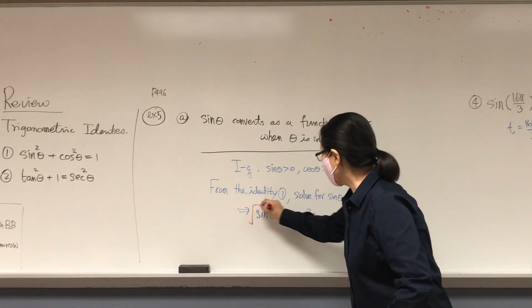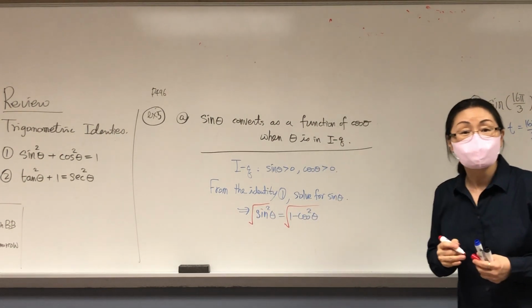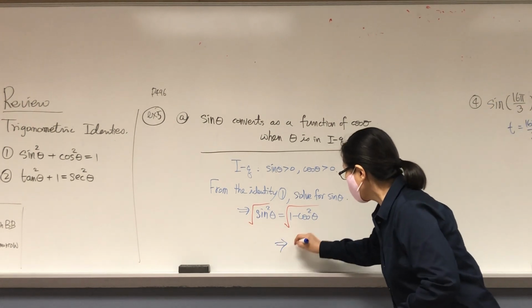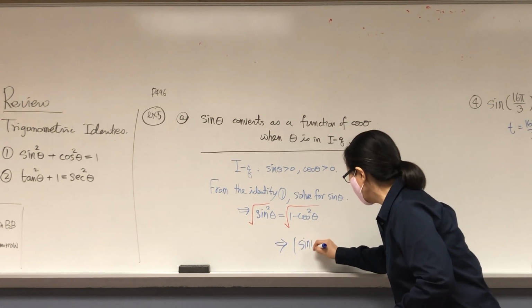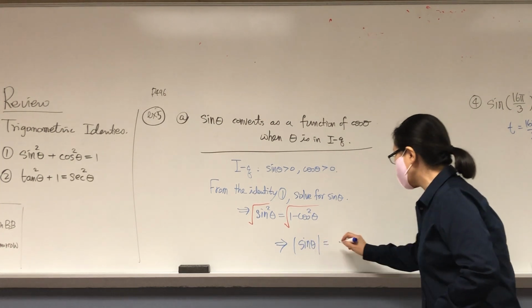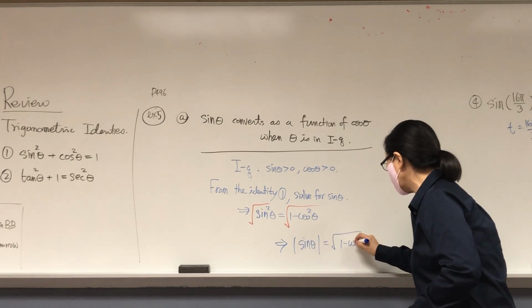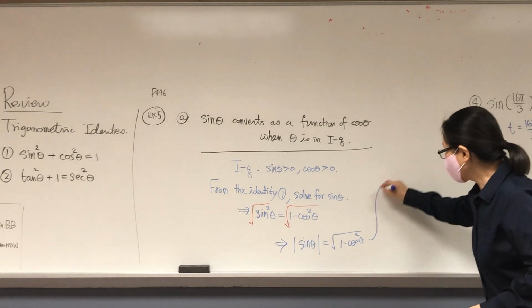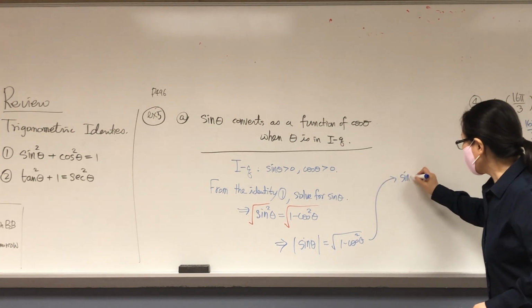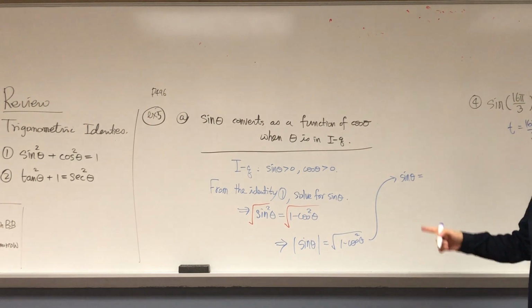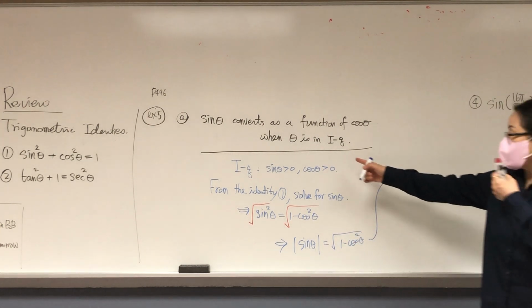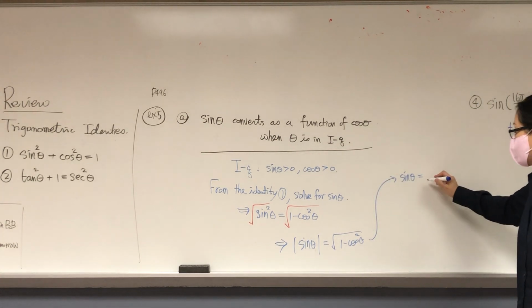So take the square root. The left hand side is the absolute value of sine theta, and the right hand side is the square root of 1 minus cosine squared theta. So there are two possibilities. Sine theta can be positive or negative, plus or minus in front of the square root. But I said first quadrant. So what did you answer?